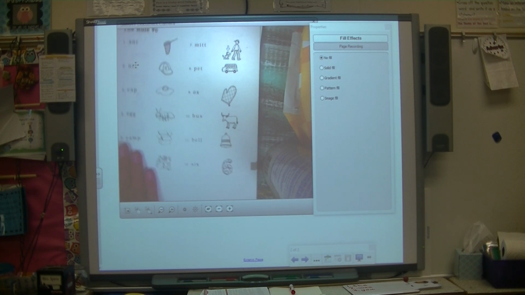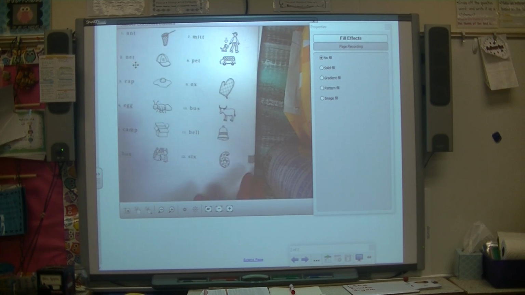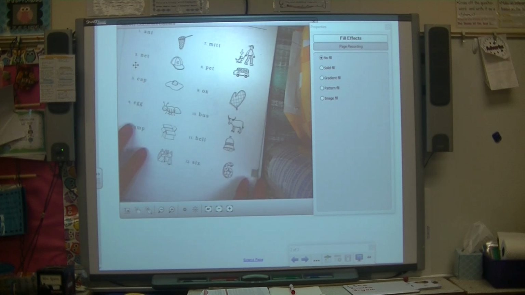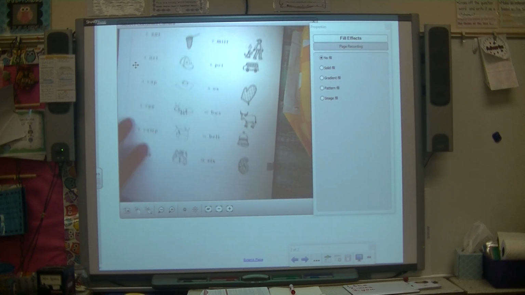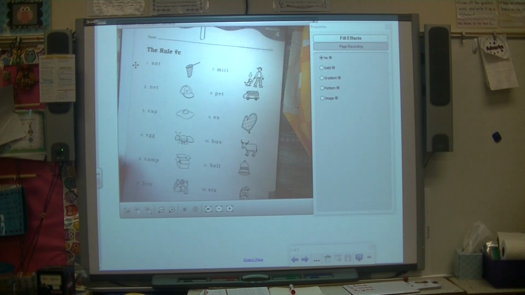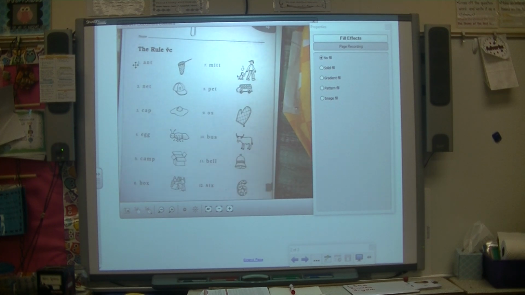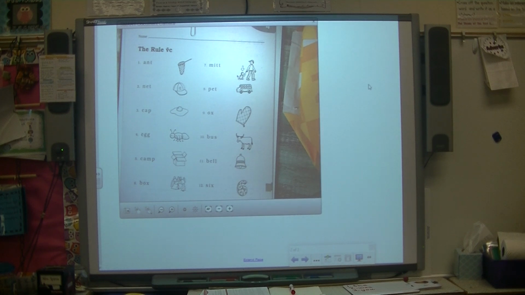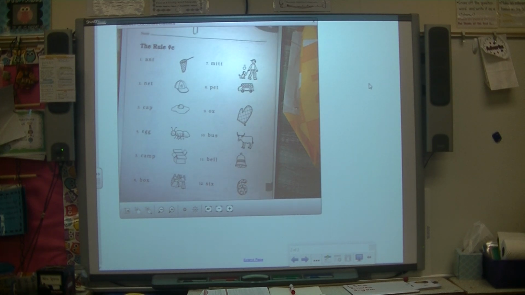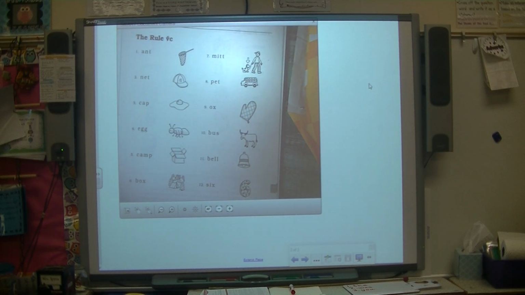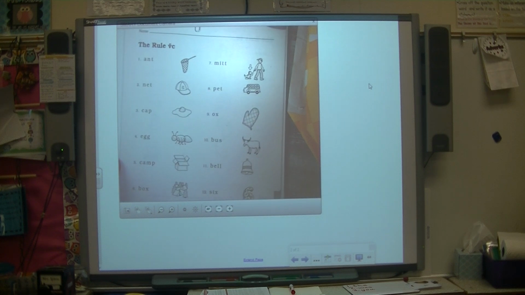Remember the rule is a vowel followed by a consonant is short. And that's what they're showing you up at the top. The vowel followed by the consonant is short. All right, number 1. Let's look at that word.